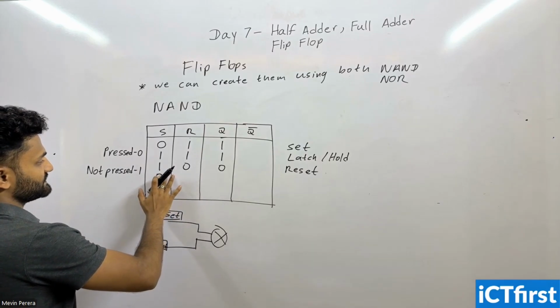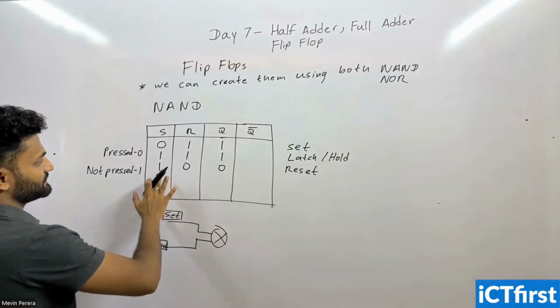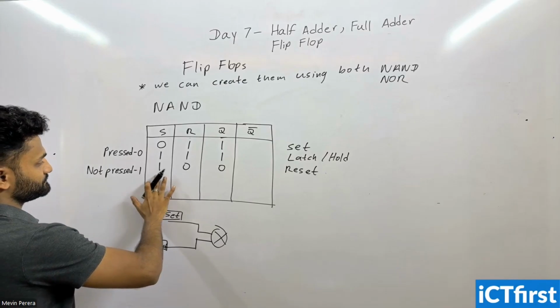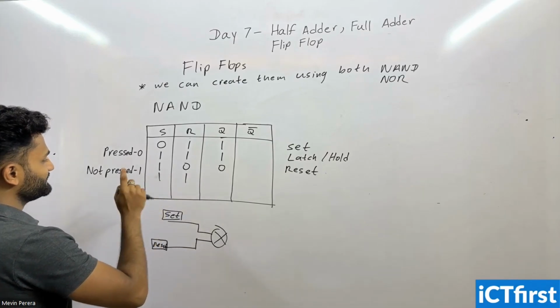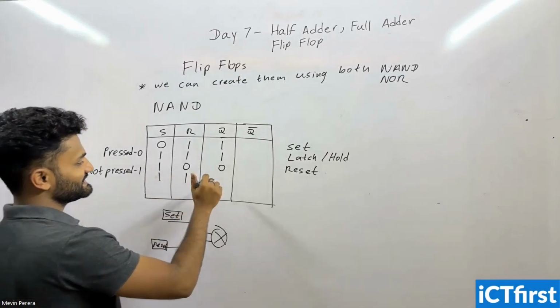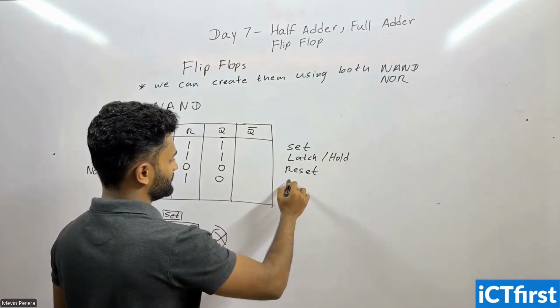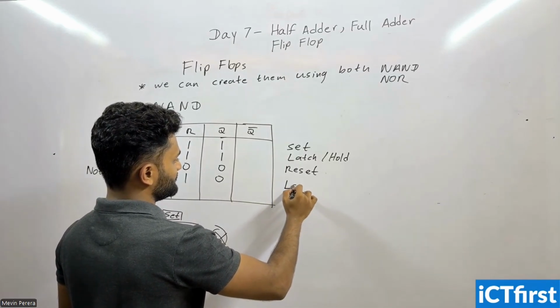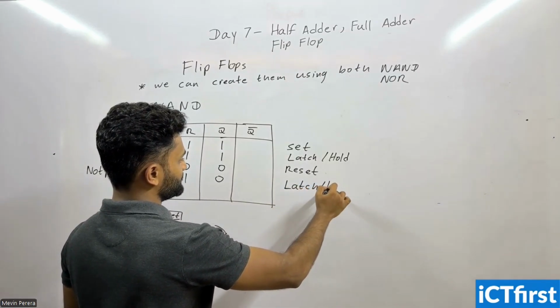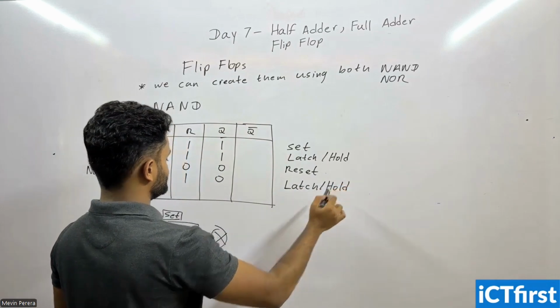The reset is on, and then what I'm going to do is keep it. So I'm going to not press it, but still the bulb will be off. So that is once again called a latch or a hold instance.